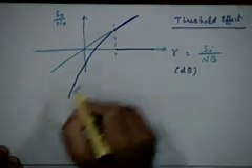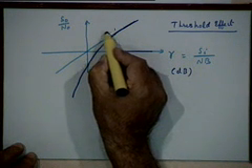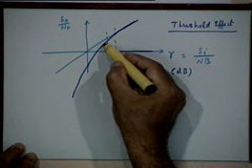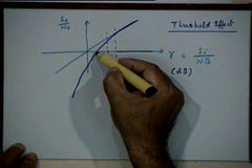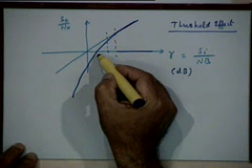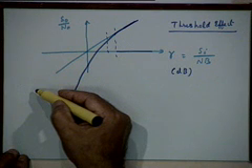Basically, what the threshold effect says is that the output SNR does not degrade gracefully as the input SNR is reduced. Below a certain value of the threshold, you find that the output SNR degrades much more than the input SNR degrades. If it had degraded by the same amount, you would have been on this straight line.